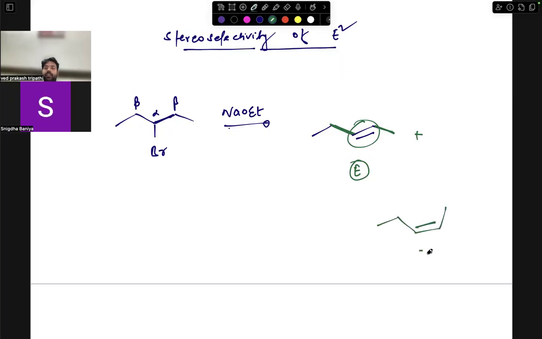So whenever we have two stereo products, there are stereoisomers E and Z. Out of them, trans is more stable than cis, or E is more stable than Z. So we can say this is a stereoselective reaction. Generally, whenever two beta positions are the same, it can generate two stereoisomers, and trans is the major one.